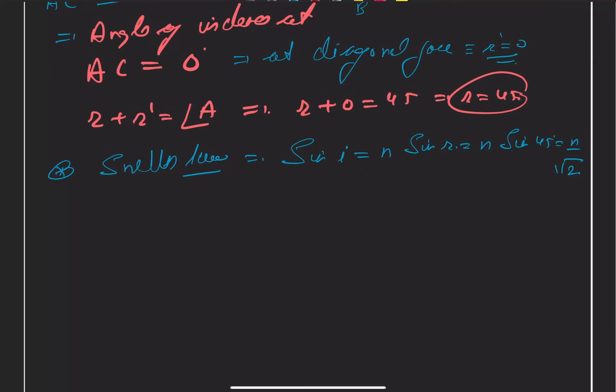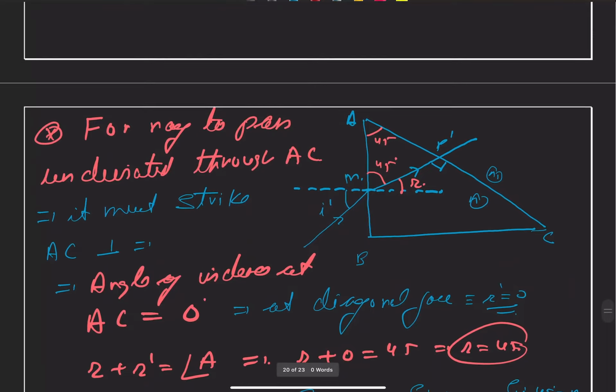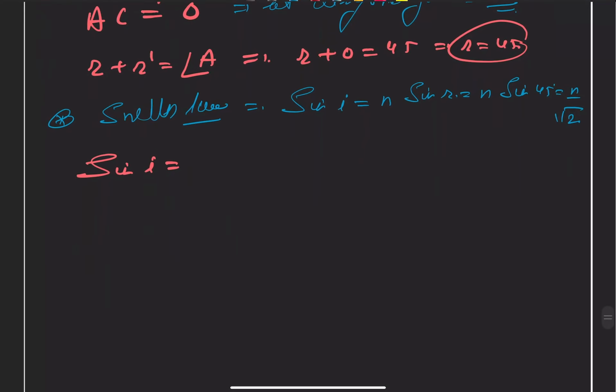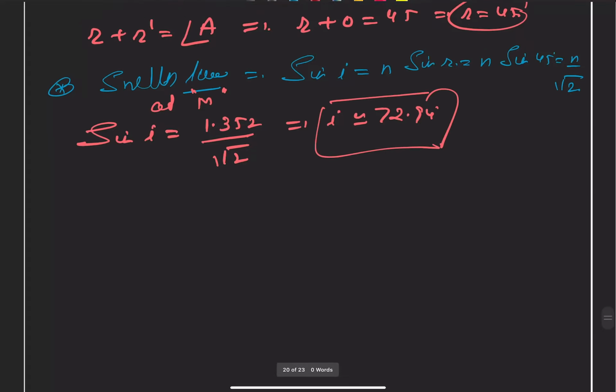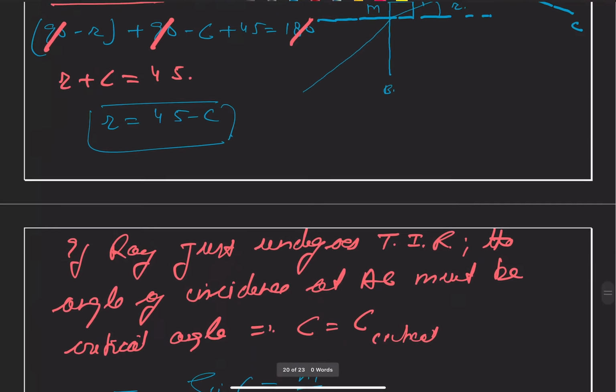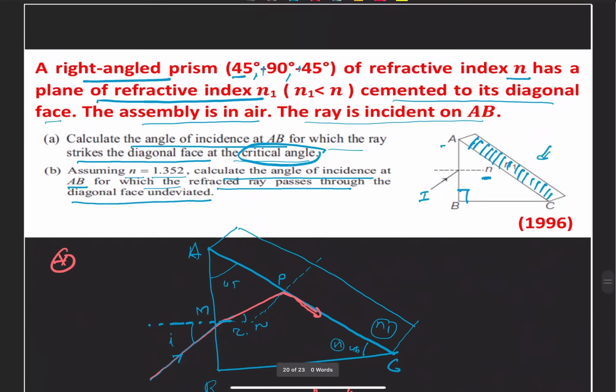For N we are already given 1.352, and we are using Snell's law at M. So sine of I will be equal to 1.352 divided by square root of 2. This gives us that I is approximately equal to 72.94 degrees. So I think this was the only second part that was asked.